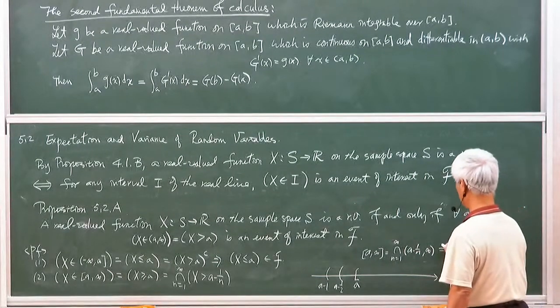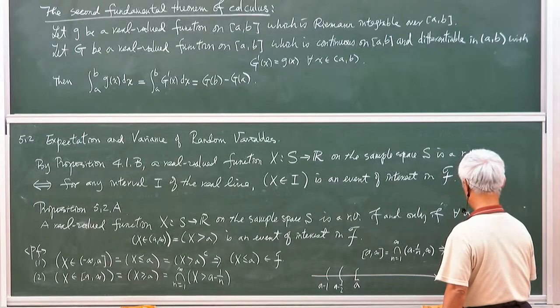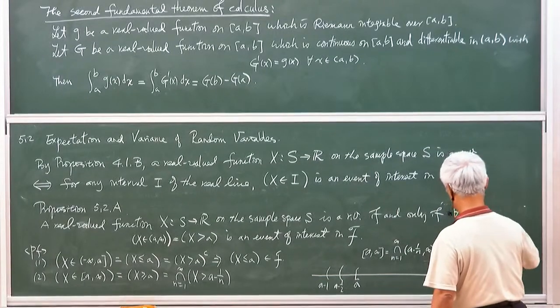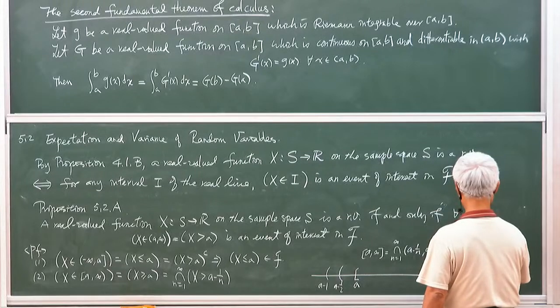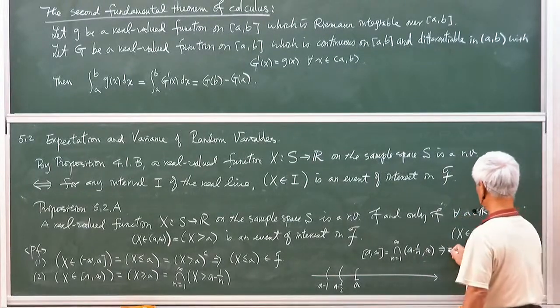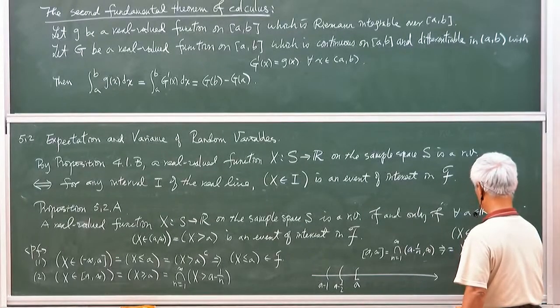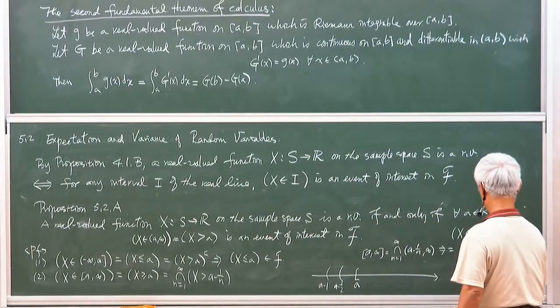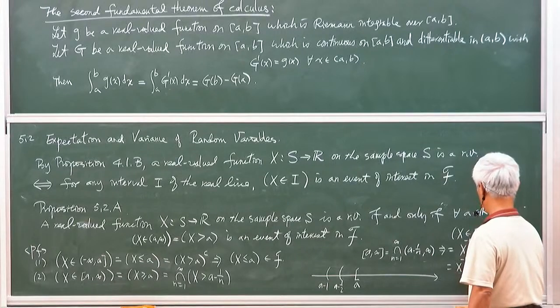So this implies that the inverse mapping of this interval, X in A to infinity, is the inverse mapping of the intersection.